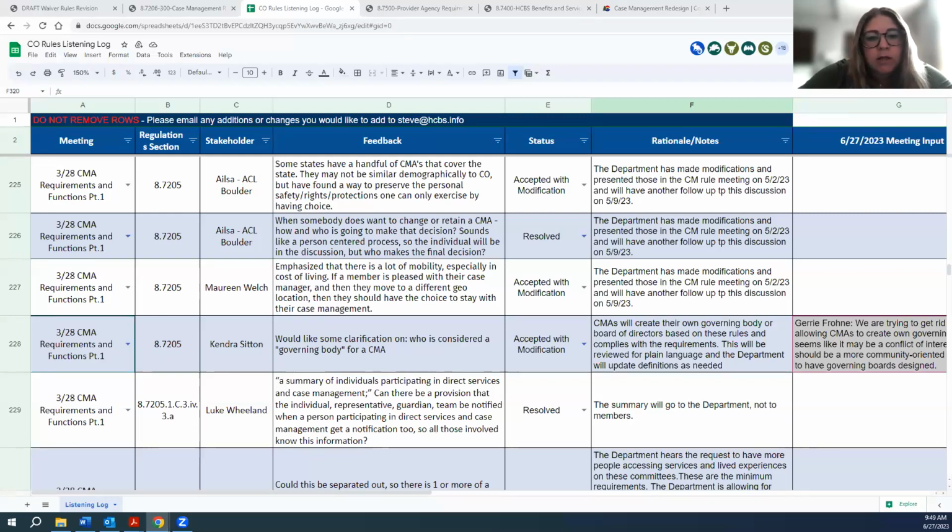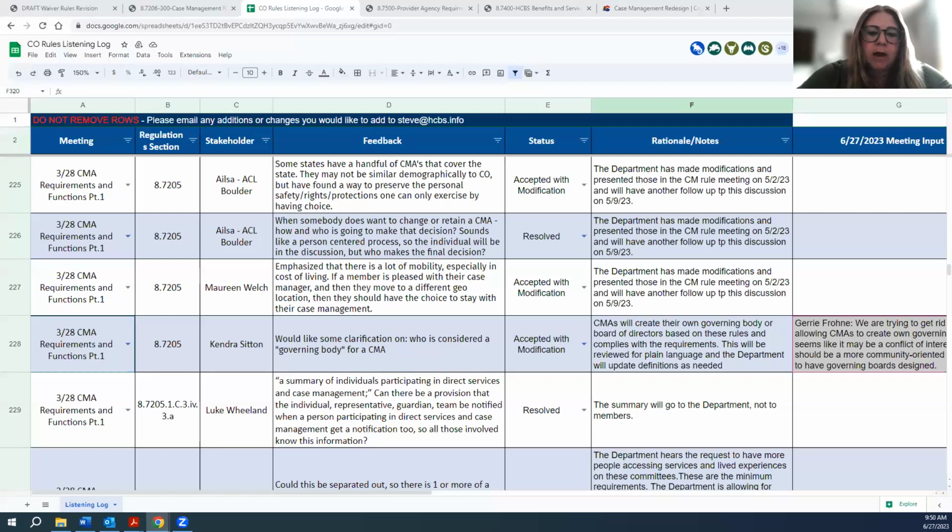I would say that one of the things that we are hoping would add to the benefit of not only having a governing body that approves policies and procedures for case management agencies through the lens of case management redesign, but also having the advisory committees that will be present, will hopefully be that voice for advocating for members, specifically in relation to their case management services.